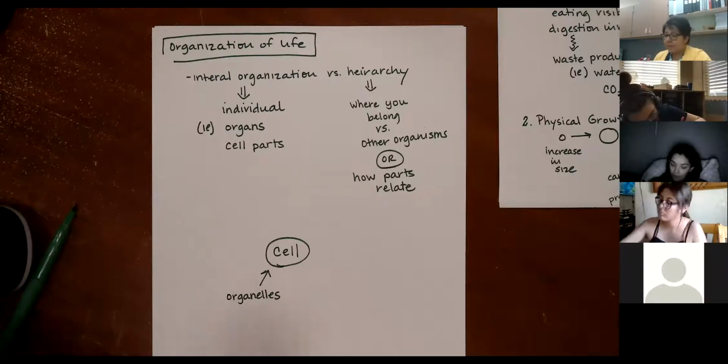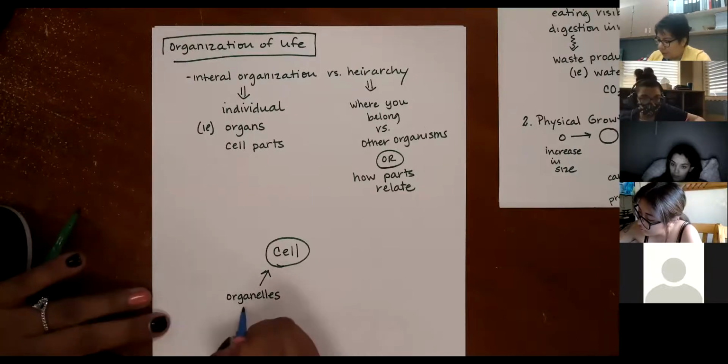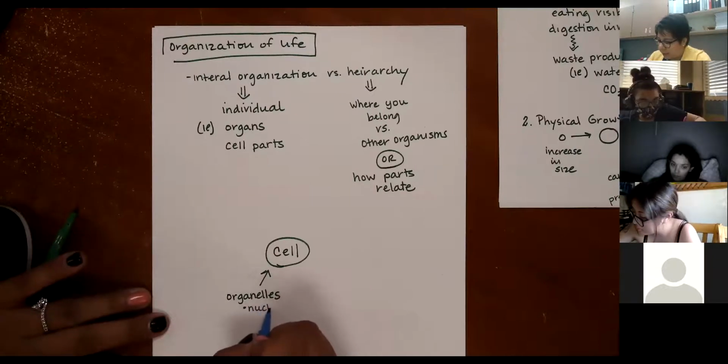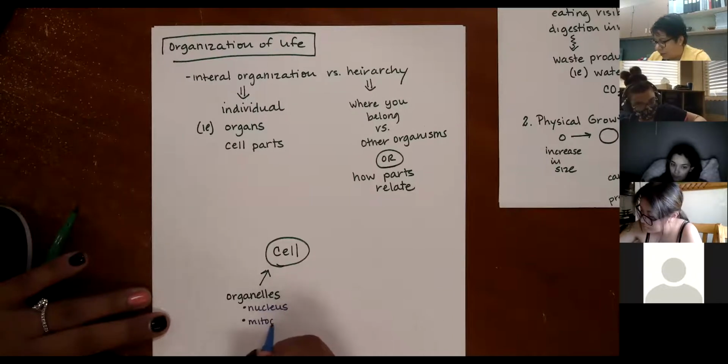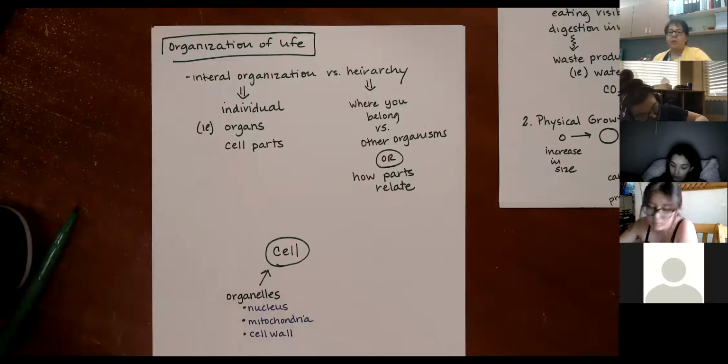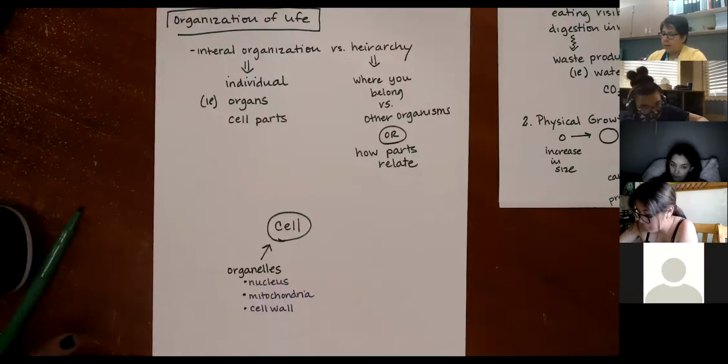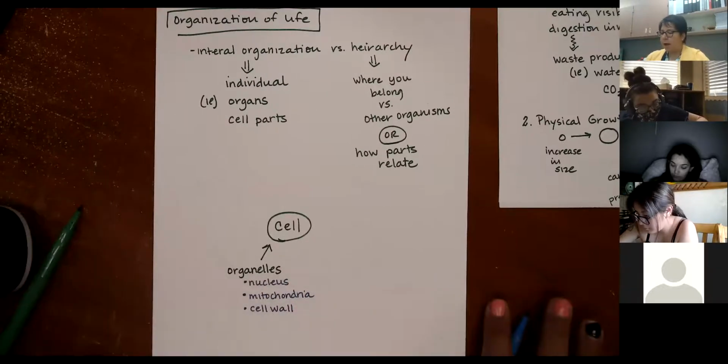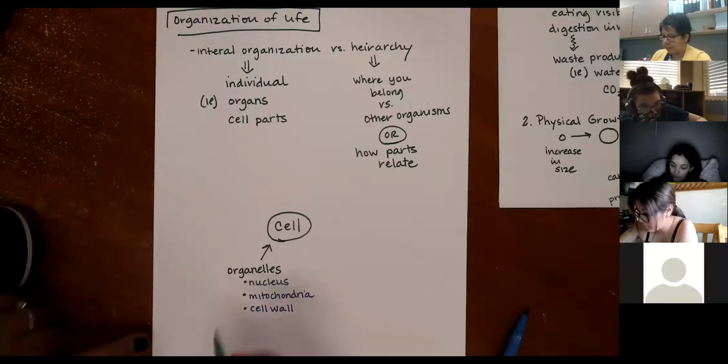Some examples of organelles, you may have heard of these before, are a nucleus, or my favorite, the mitochondria. If we're talking about plants, maybe the cell wall. Those are parts of a cell. These individual things are not alive, but they constitute a living thing.